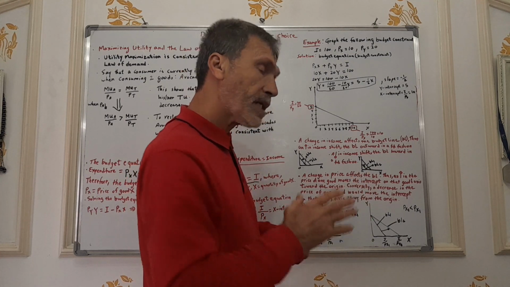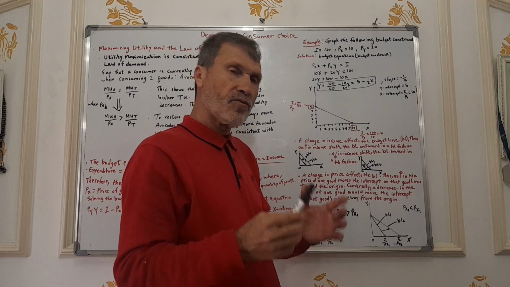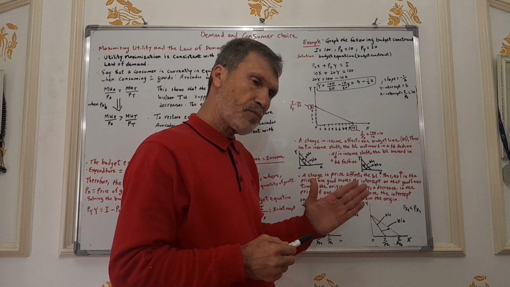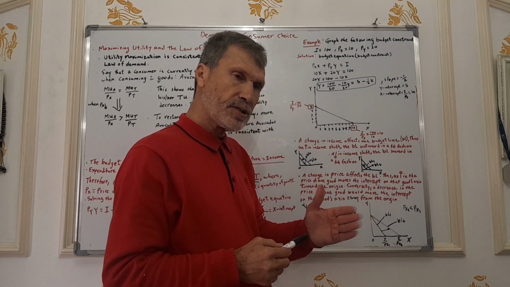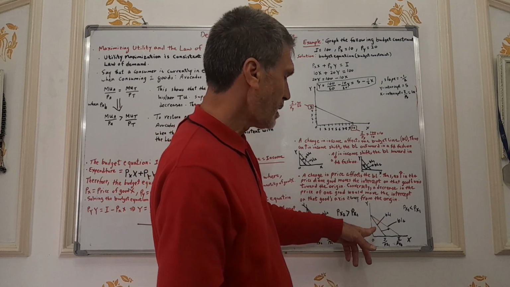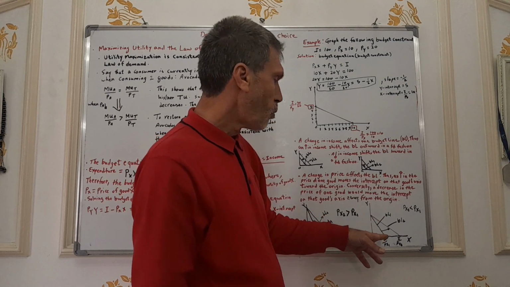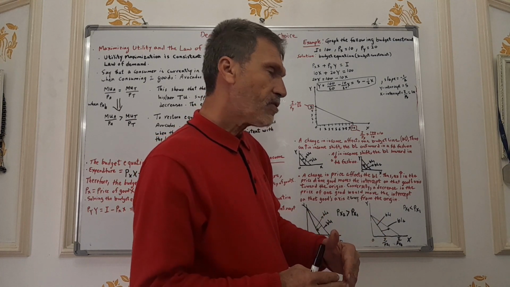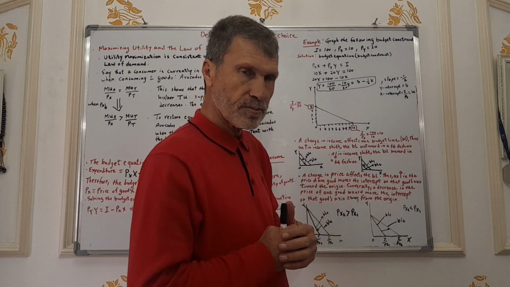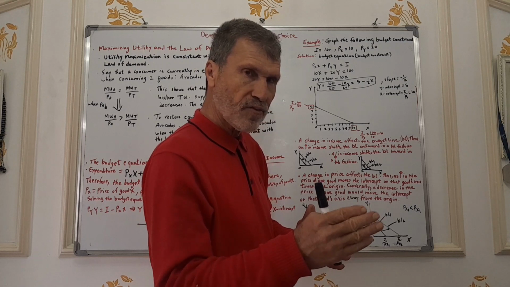So if we decrease the price of X from PX1 to PX2, of course, what happens? The budget line will move the intercept away from the origin.